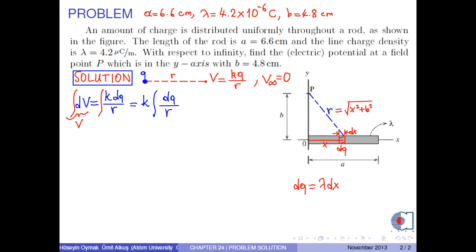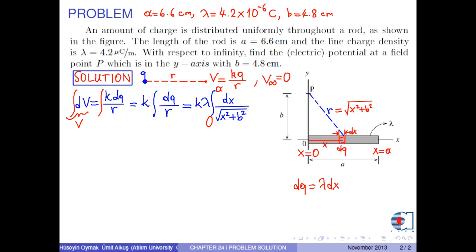Now we can write these expressions into the integral. As you see, lambda is outside the integral since it is constant. The integral is over x. The endpoints are 0 and a.